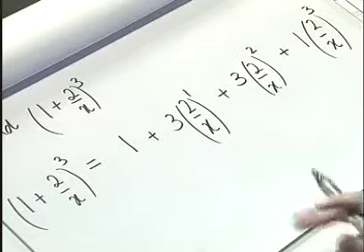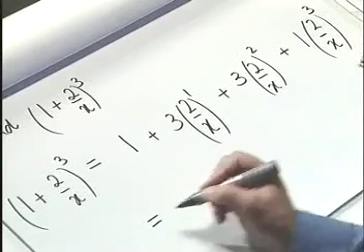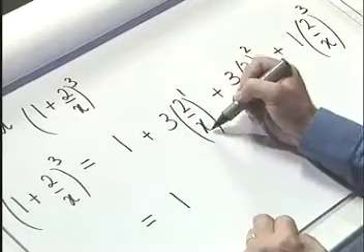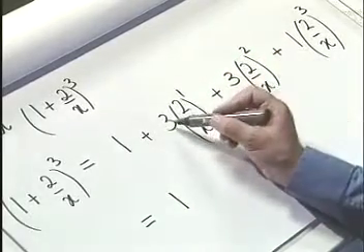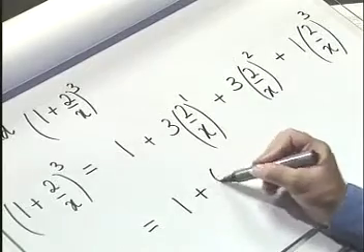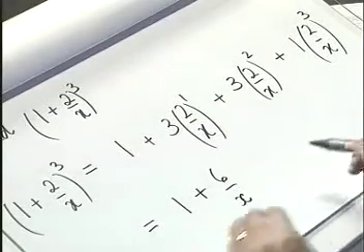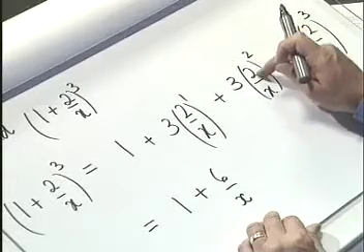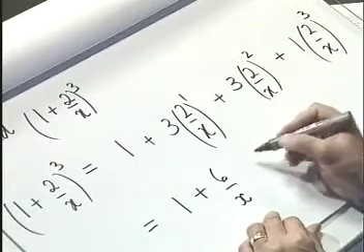And all we need to do now is tidy up what we've got. So there's 1. 2 over x to the power 1 is just 2 over x. We're going to multiply it by 3. So 3 2s are 6. We'll have 6 divided by x. Here there's a 2 squared, which is 4, and we're multiplying it by 3.